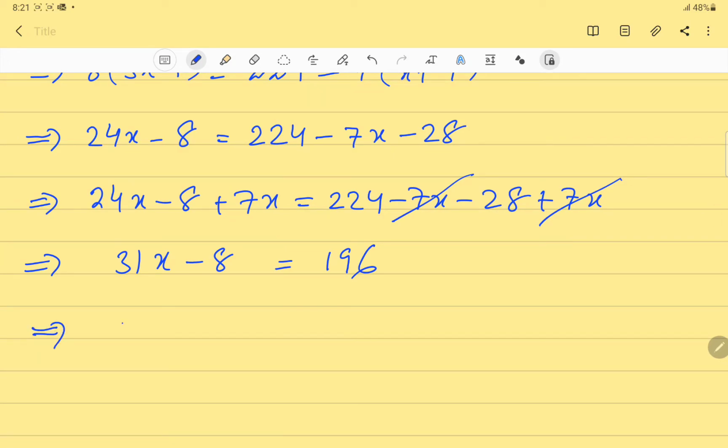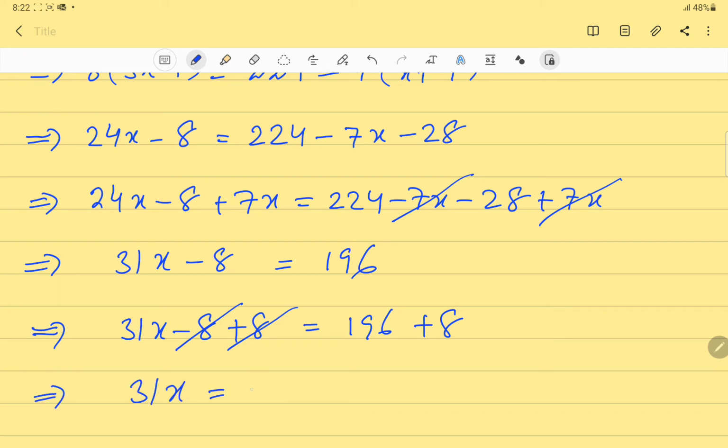Now we add 8 on both sides. Minus 8 cancels with plus 8. So 31x is equal to 204, and therefore we divide both sides by 31.